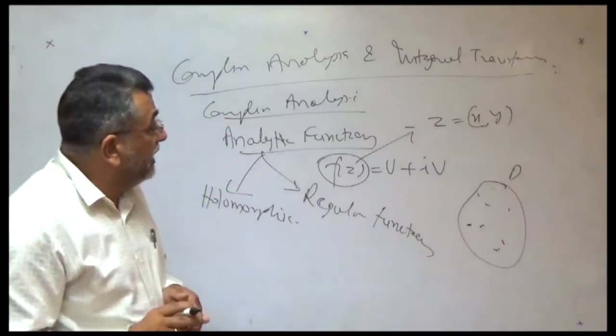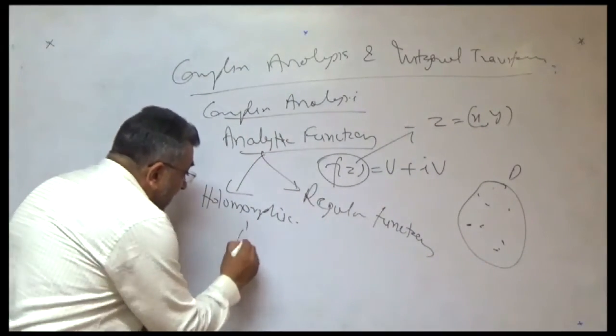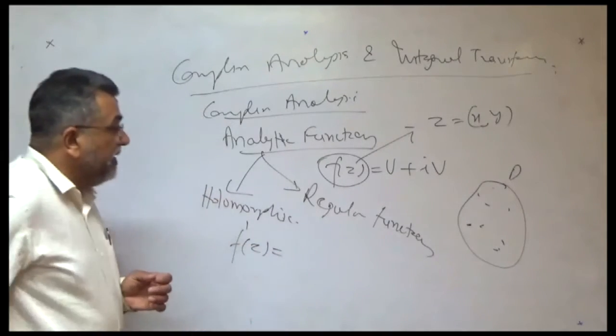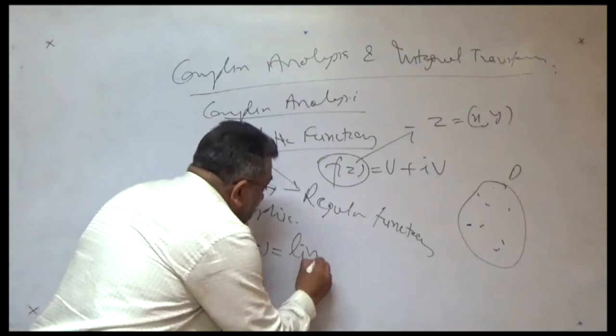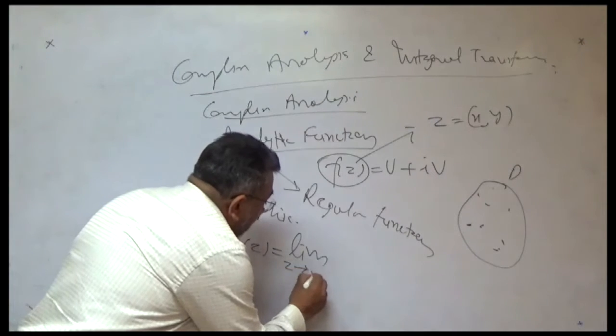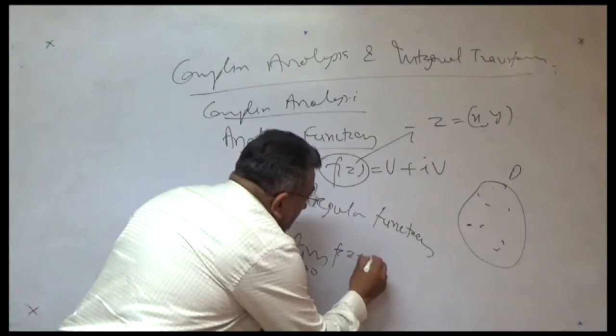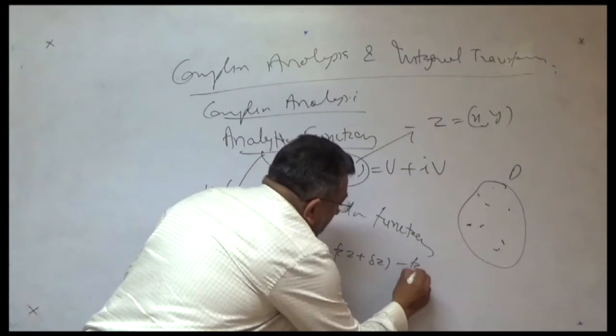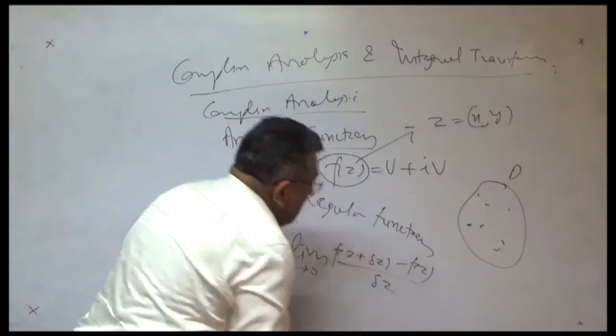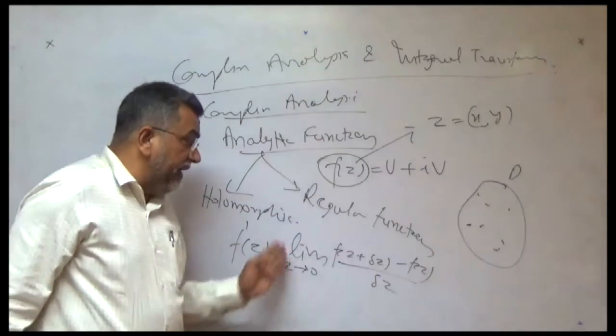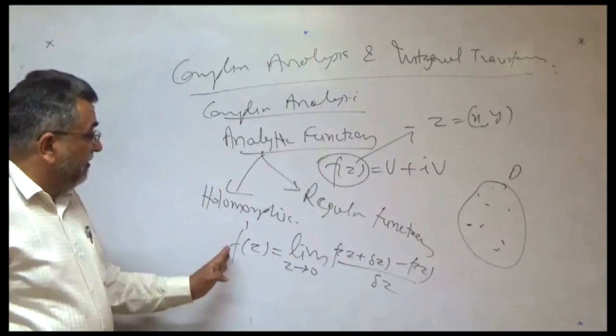And I took one example of how you can check the differentiability of a complex function, a function of two variables. If we take the derivative of this function, it means the existence of this limit. If this right hand limit exists, then we say that the function is differentiable.